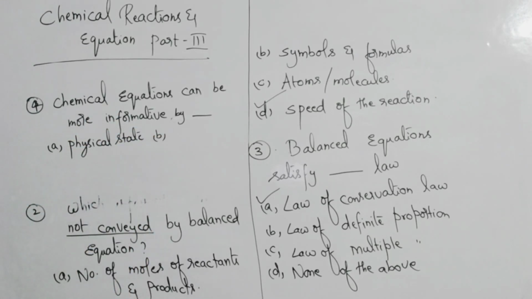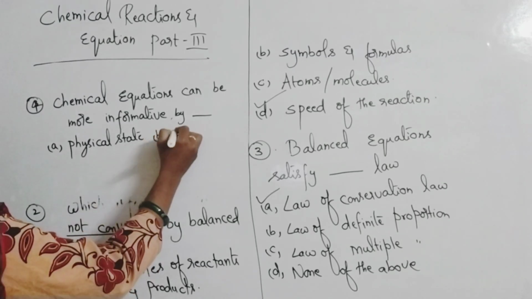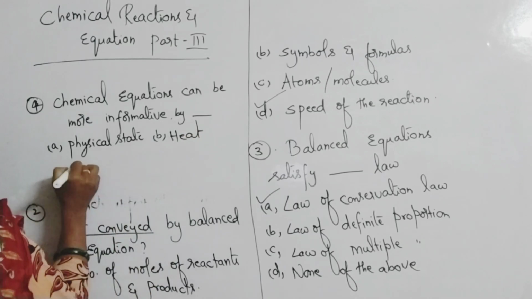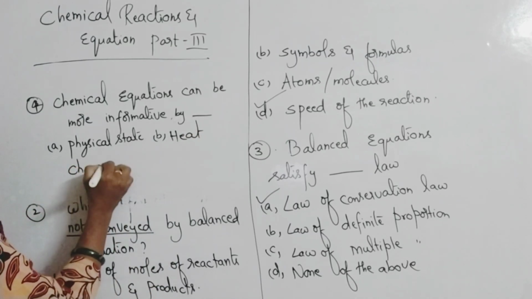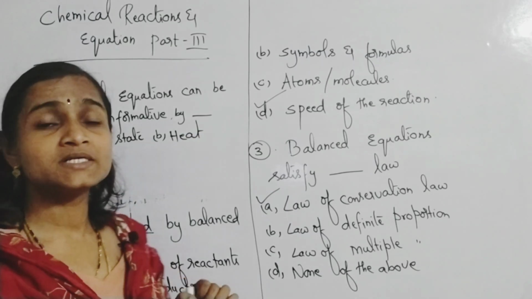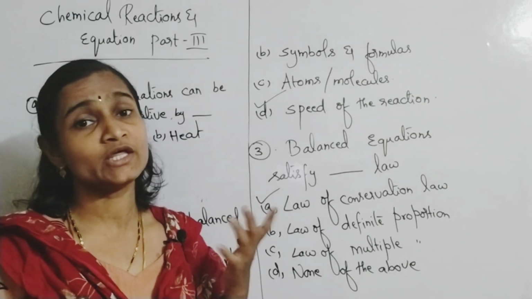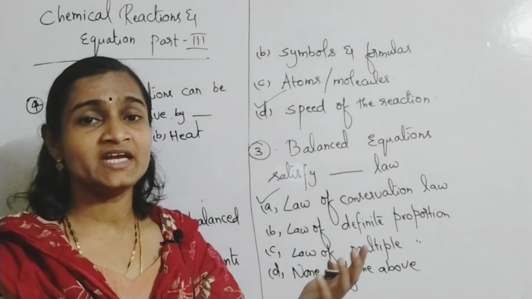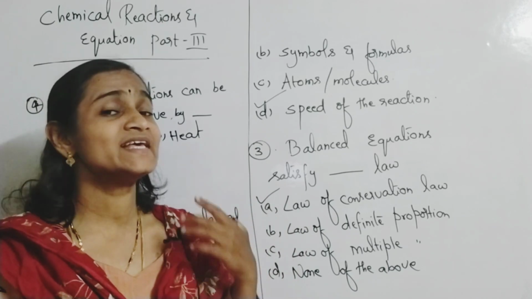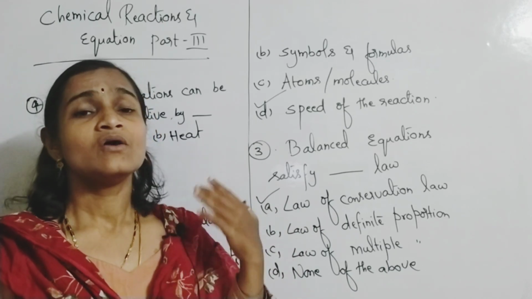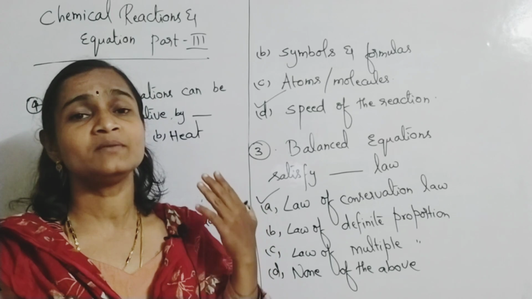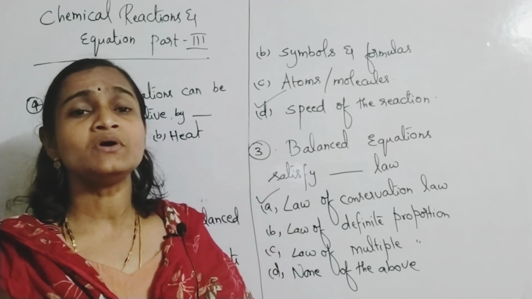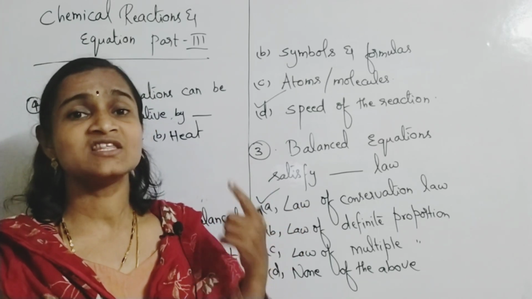And option B is also there: heat changes, exothermic and endothermic. We are representing the heat changes. Did you remember? Heat changes you can represent by the symbol capital Q. Q is the amount of heat released during a reaction. In case of exothermic reactions, we write plus Q after the products, which indicates that heat energy is released.